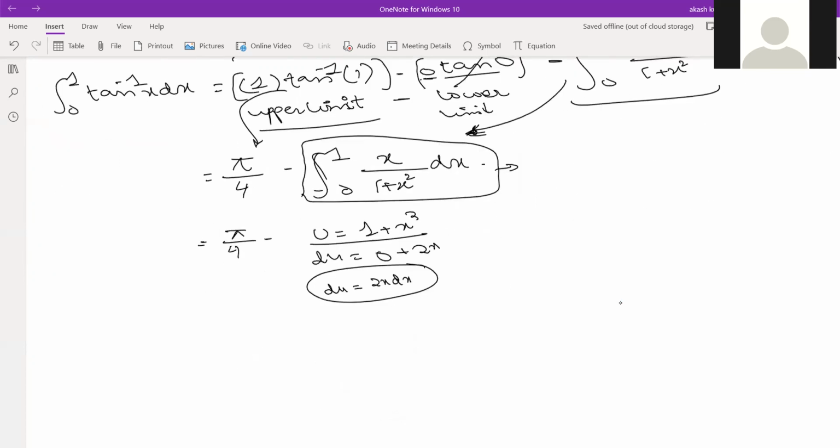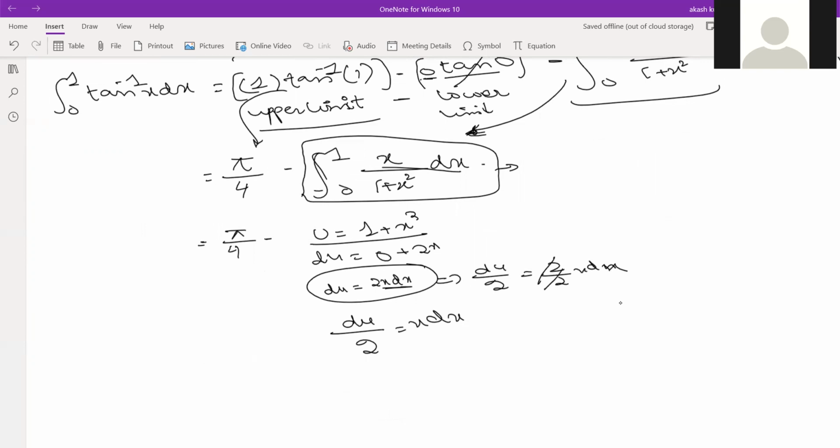If I have to find x dx, then it becomes du over 2 equals x dx. I divided both sides of the equation by 2. So x dx is equal to du over 2.